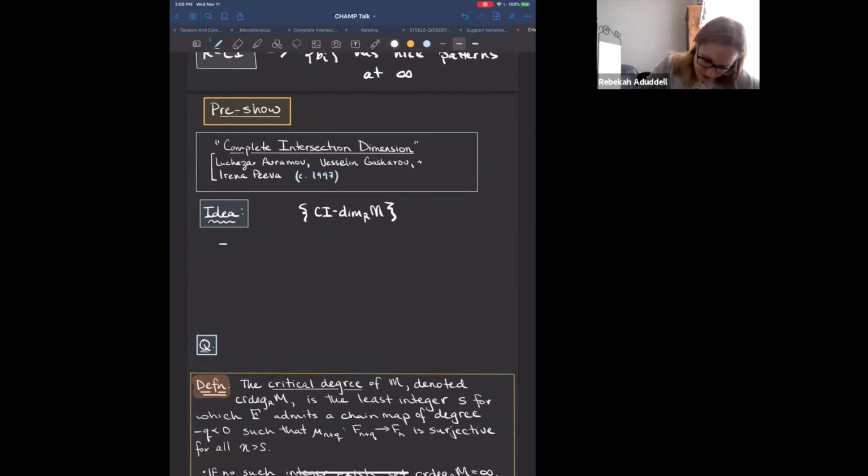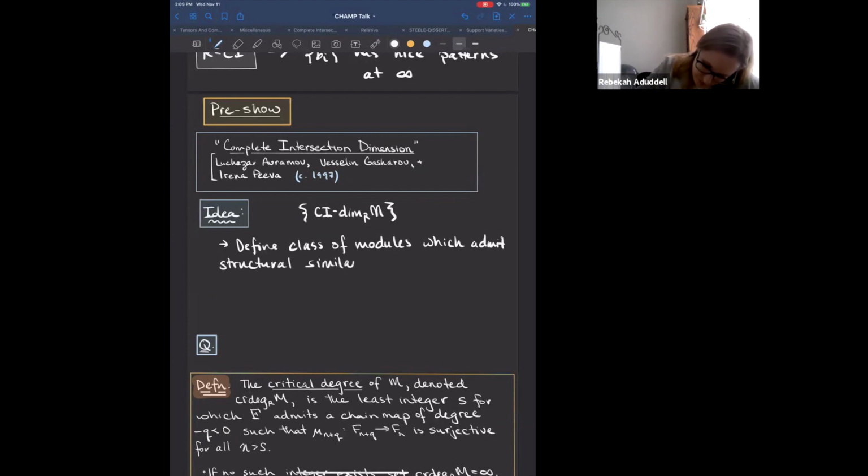The idea was to define a new class of modules which would admit structural similarities in their free resolutions to modules over complete intersections.